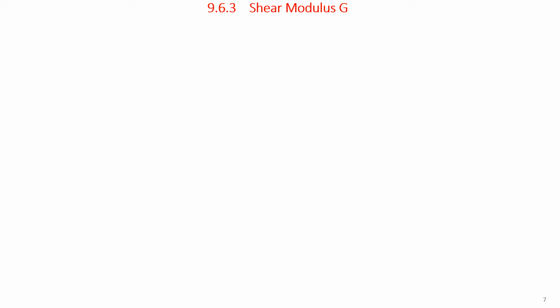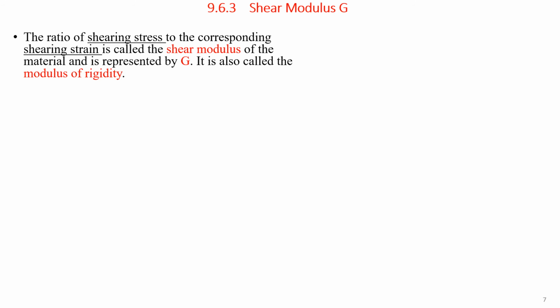Shear modulus. The ratio of shear stress to the corresponding shear strain is called the shear modulus of the material and is represented by capital G. It is also called the modulus of rigidity.